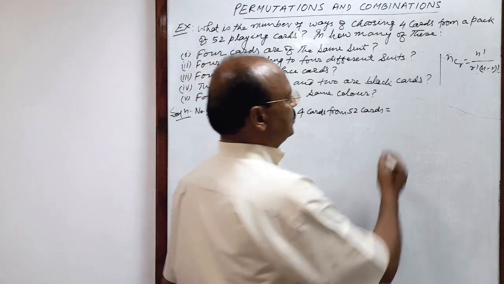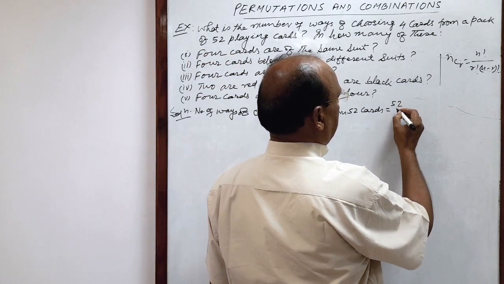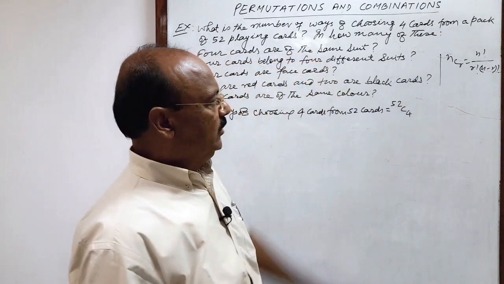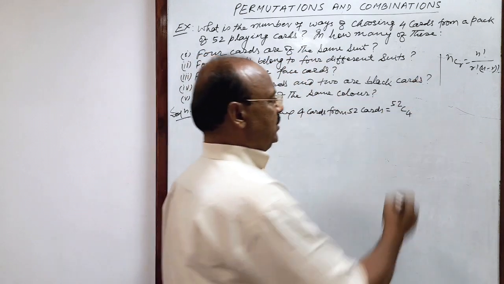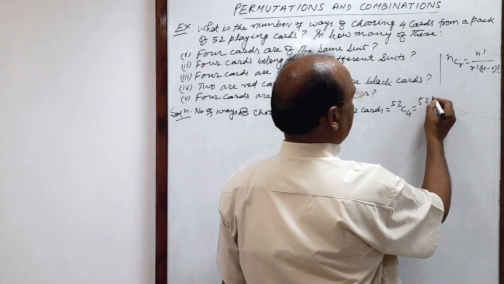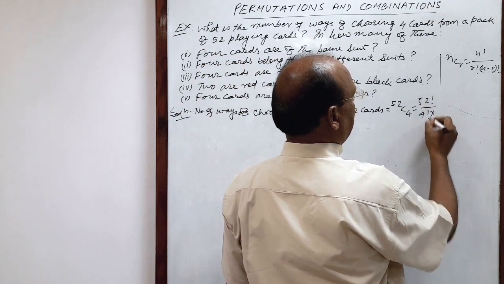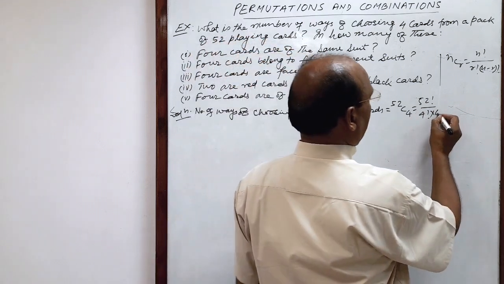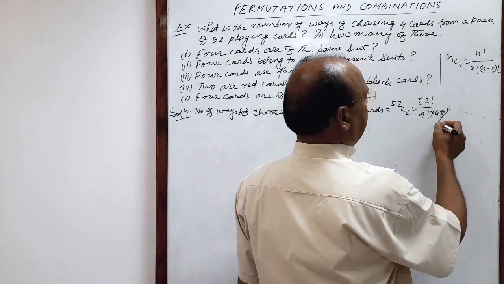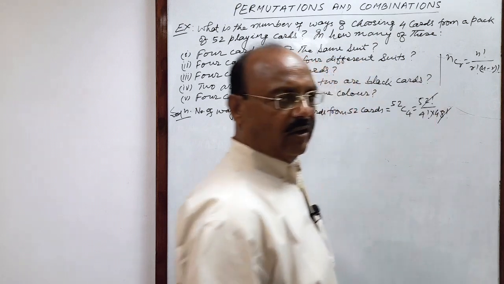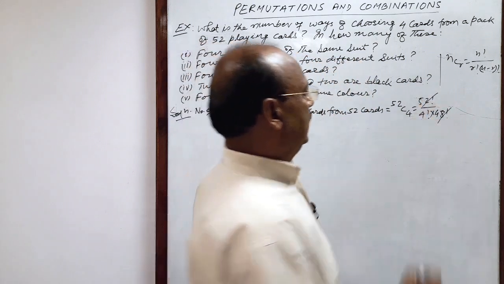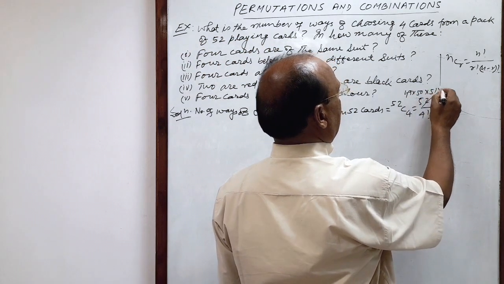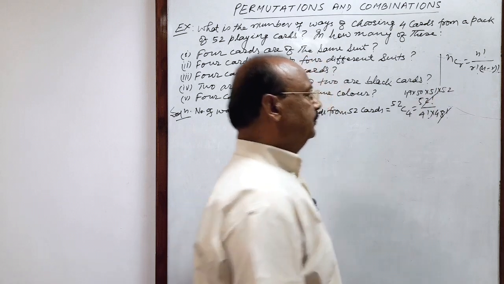So we can use this way 52C4, and using this formula we can evaluate it like this. This is 52 factorial by 4 factorial into 52 minus 4, that is 48 factorial, and this 48 factorial will be cancelled out with 52 factorial and we will get here 49 into 50 into 51 into 52.